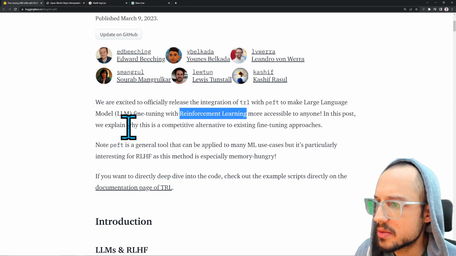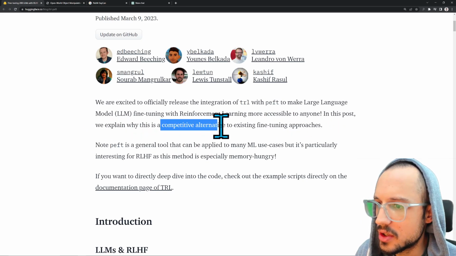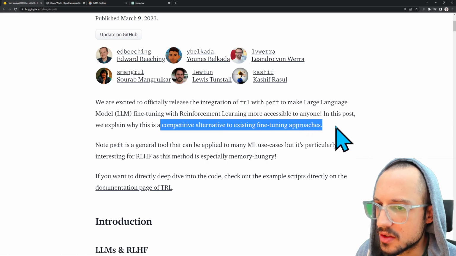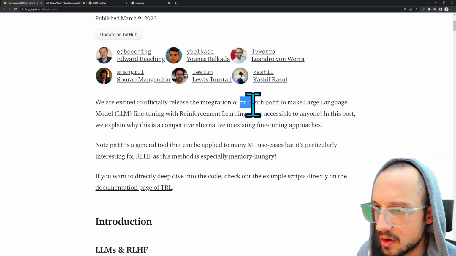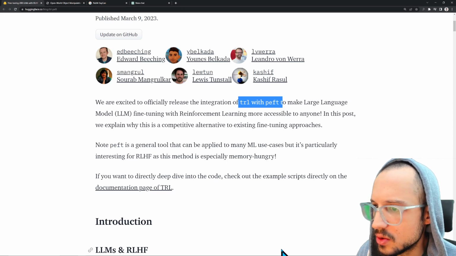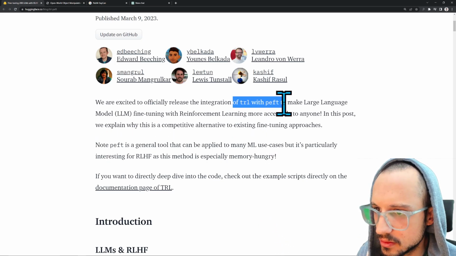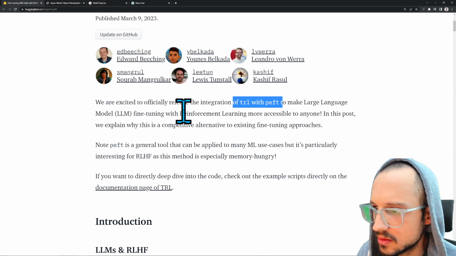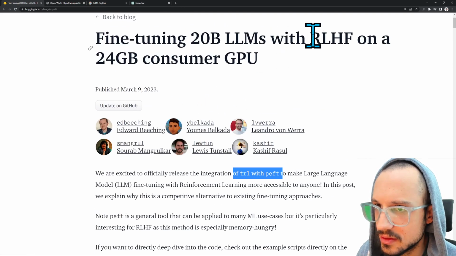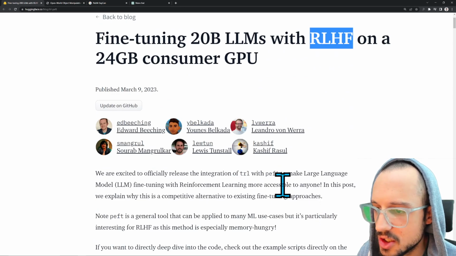In this post, we explain why this is a competitive alternative to existing fine-tuning approaches. So, of course, we can expect that the authors of this paper are associated with whatever these modules are, and they're going to try to convince you that this is the only way to do reinforcement learning and fine-tuning. But there is nothing really proprietary about RLHF.